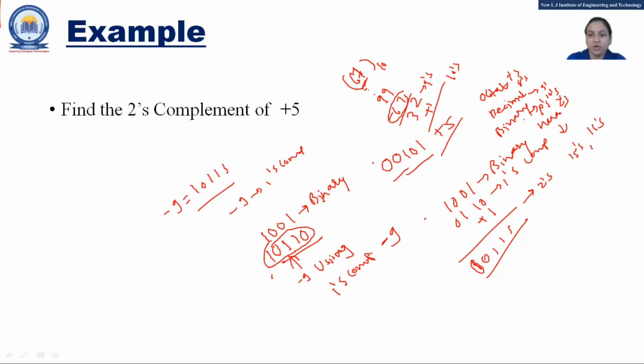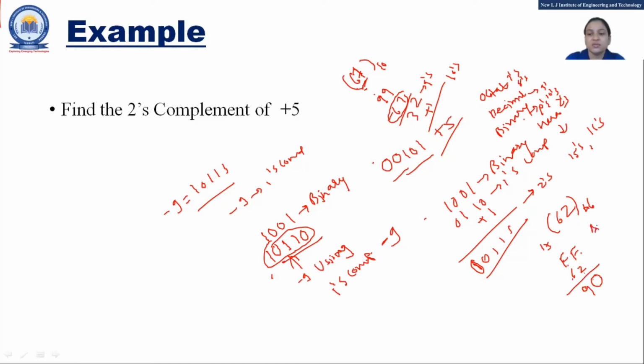So if we want to find the 15's complement of any hexadecimal number, suppose 62, this is a hexadecimal number. To find its 15's complement, we have to subtract this from 15. So 15 minus 2 is 13, so the 13 equivalent we have to write, and 15 minus 6 is 9.